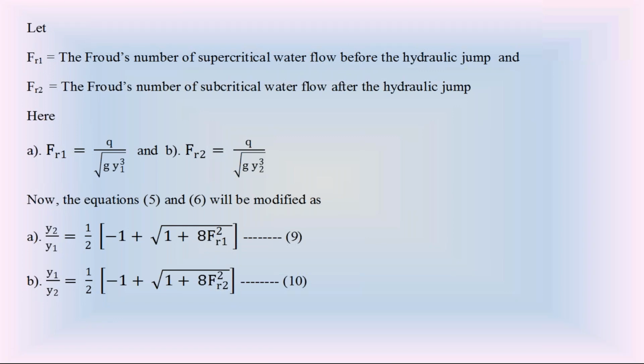Similarly, equation 6 becomes y1 by y2 is equal to half into minus 1 plus root of 1 plus 8 into Fr2 square. Fr2 is the Froude number at section 2. So this is the relationship between the depths of flow y1 and y2 in the rectangular open channel hydraulic jump.